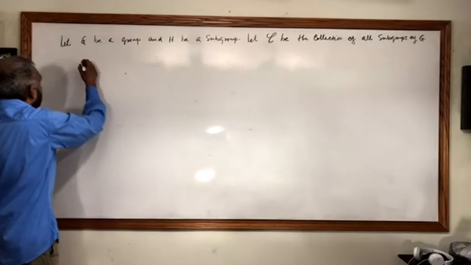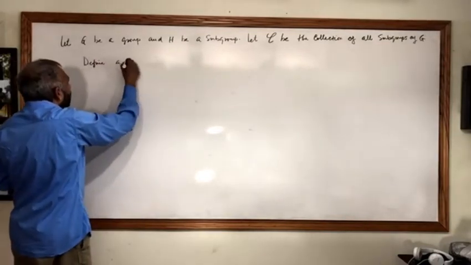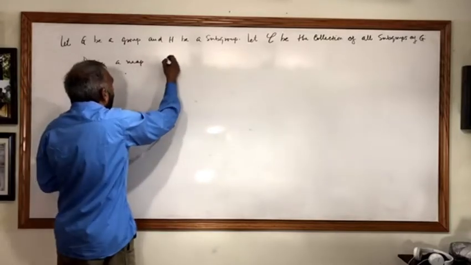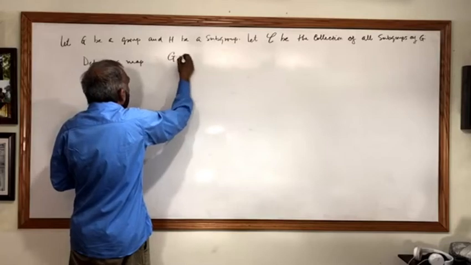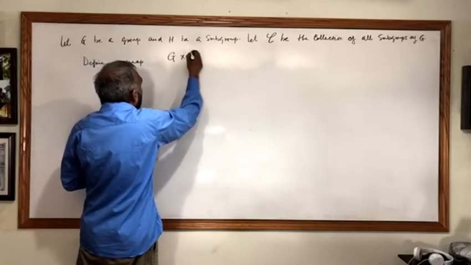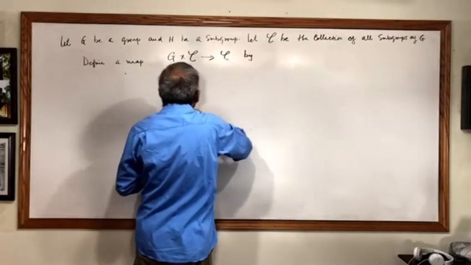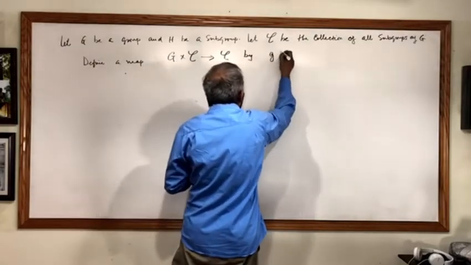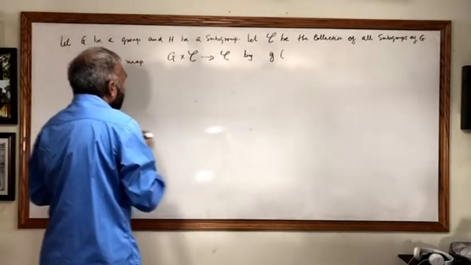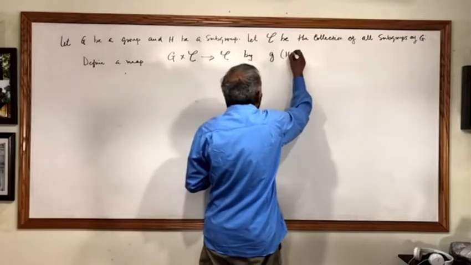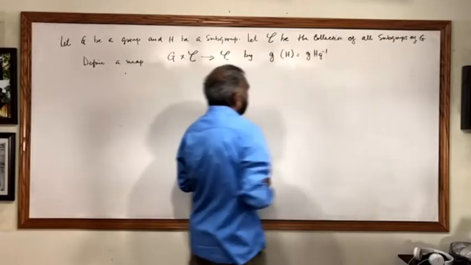Now we are defining a map. Define a map from G cross C to C by g of H is equal to gHg inverse.